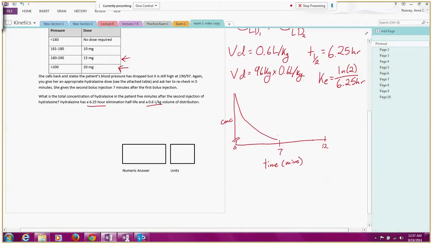And what ends up happening is that the nurse gives the second bolus dose after 7 minutes, and then that eliminates out. So we are supposed to find the total concentration after another 5 minutes after that 7 minutes. So 7 plus 5 is equal to 12. That's how I found the 12 here.